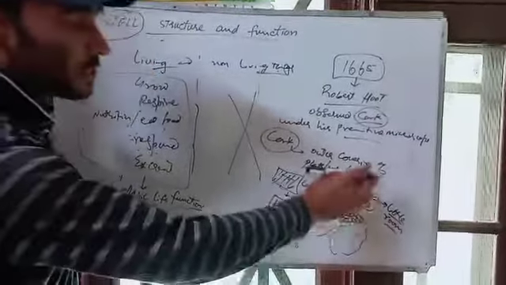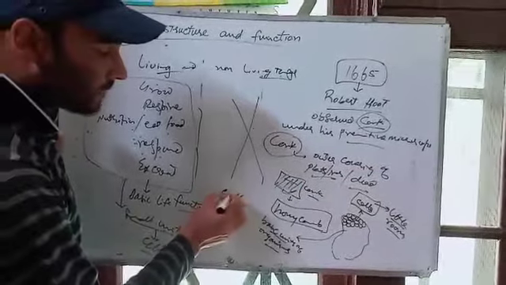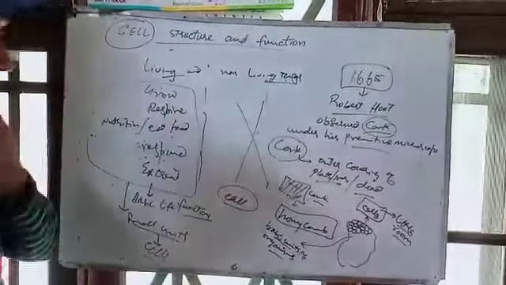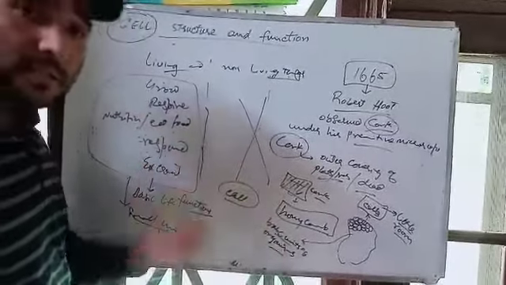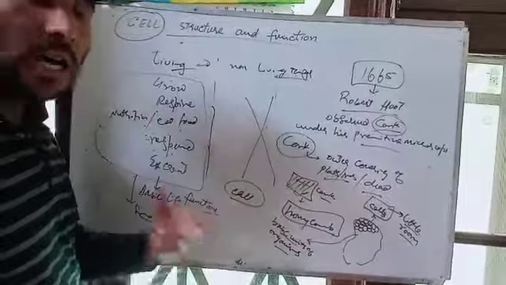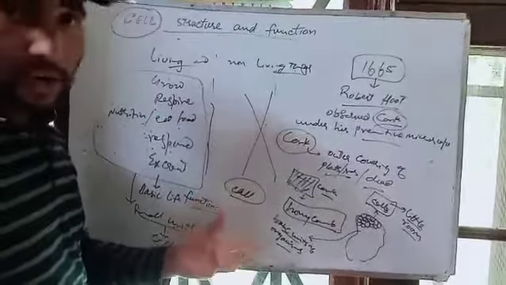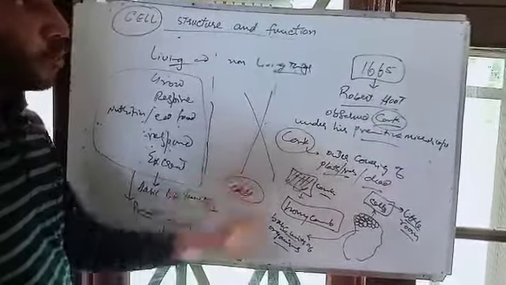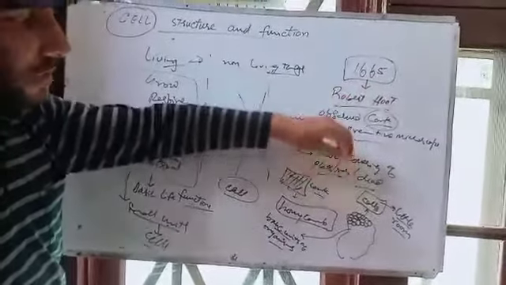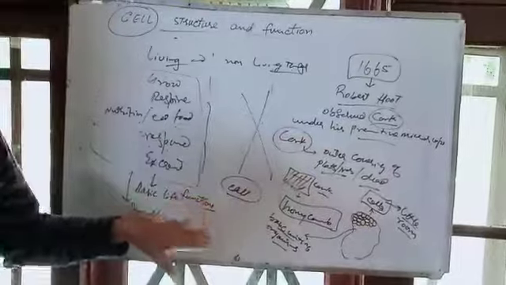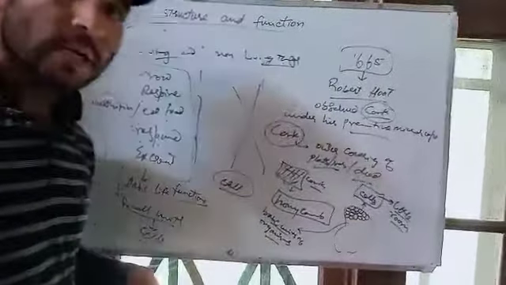Cells are the basic structures from which all organisms are made. And the credit goes to Robert Hooke in 1665 when he observed these little room-like structures under his primitive microscope.